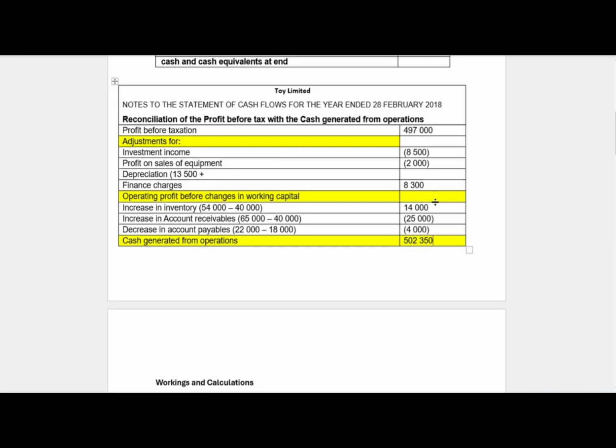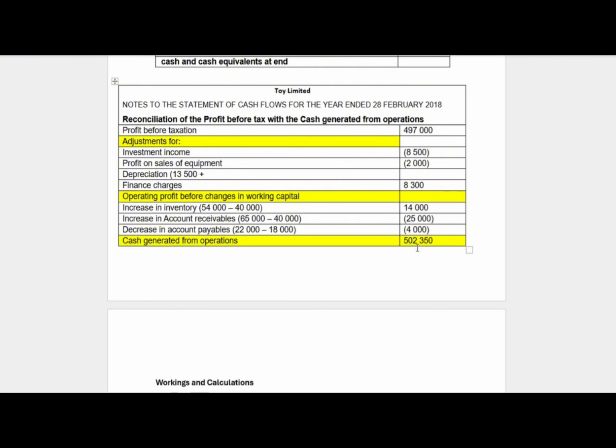So what we're going to do, we're going to reverse the calculation from cash generated from operations. As we reverse the calculation, we are going to calculate our operating profit before changes in working capital. I hope you guys are following. So let's do that quickly. So it means we are going to say 502,350. We less 4,000. I mean, we add 4,000. We are reversing the calculation, because when we were going down, as we were doing the straight calculation, we had to subtract that 4,000.